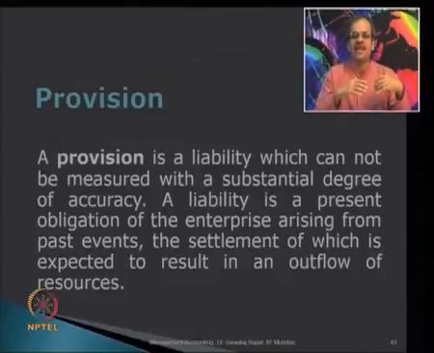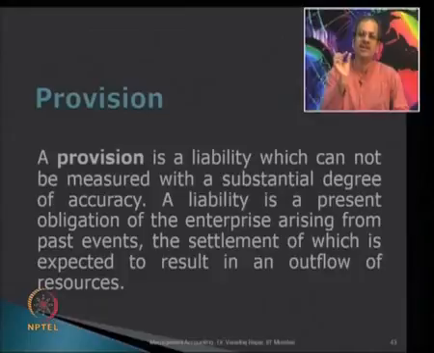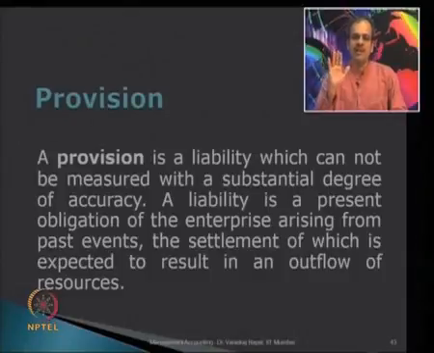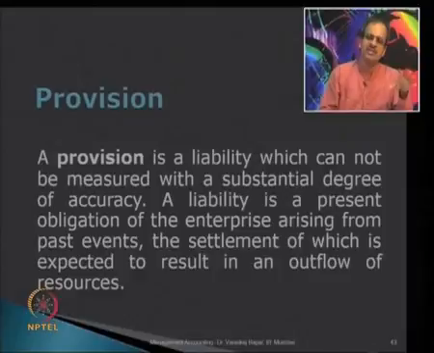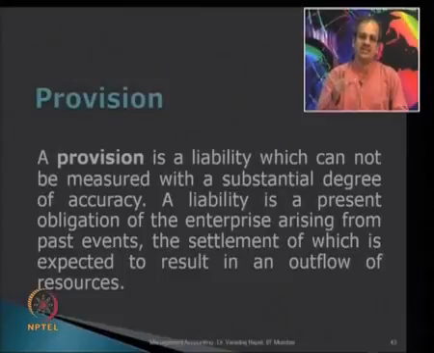Let us say instead of salary, an employee is usually paid a bonus or an incentive of 5,000 per month, but this may change as per performance. So, we do not know exactly how much amount will be payable in the month of March. So, when we prepare the balance sheet for 31st March, we will have to make a rough estimate, and based on the rough estimate, we will try to estimate the liability. Such a rough estimate is known as provision.